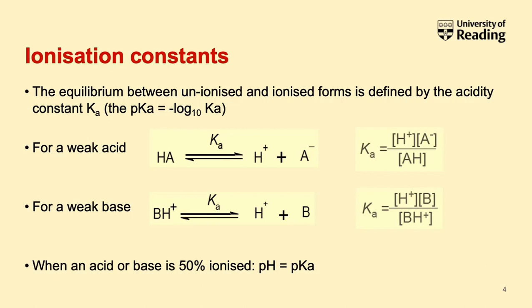So if we look at a weak acid here, we have our acid HA, so hydrogen linked to the acid. And of course, that will be in equilibrium as a weak acid with H plus ions and the negative acid ions.